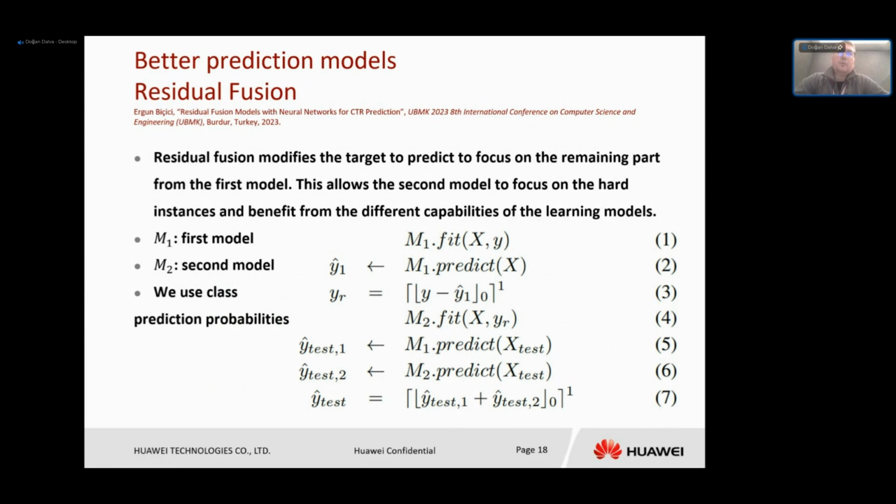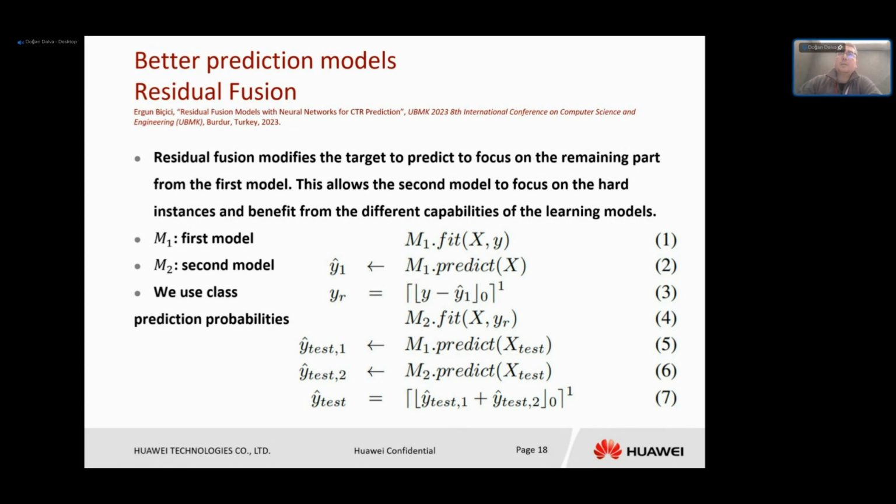Let's say M1 is the first model, M2 is the second model. The pseudocode is as follows. We first fit the first model on the data set. X is the training set, Y is the target, and we predict the M1 model's output on the training set. Y1 hat is the output, and we subtract this output from the actual target, and we also apply ceiling and flooring operations.